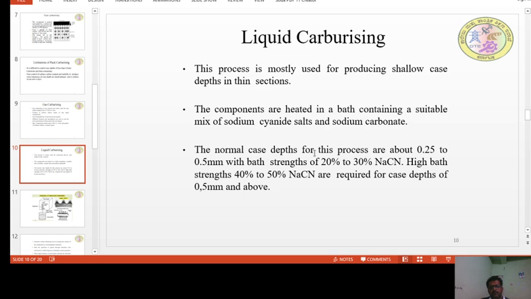The normal case depth for this process is about 0.5 mm with a bath strength of 20 to 30% sodium cyanide, and a higher bath strength of 40 to 50% sodium cyanide is required for case depths of 0.5 mm and above. So here the depth is decided by the concentration or strength of the cyanide solution used in the salt bath. And these are the three different methods of carburizing.